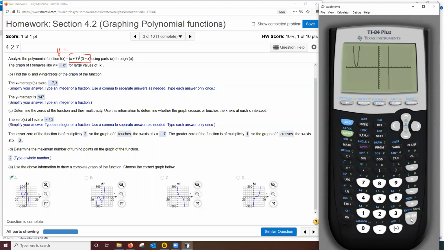All right. But maybe I want to zoom out on this a little bit. So I'm going to go to zoom, and I'm going to go down to option 3, which is zoom out. Hit enter. Now, if I hit enter again, the graph is zooming out. I'm going to hit enter one more time, and the graph will zoom out once more.